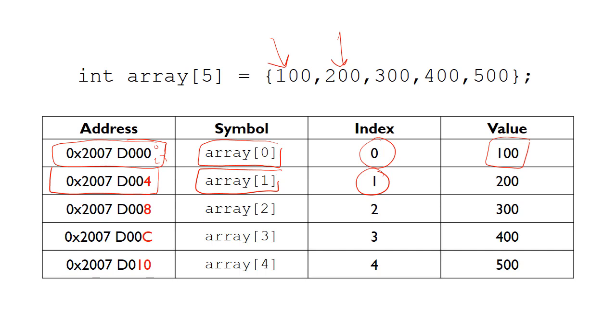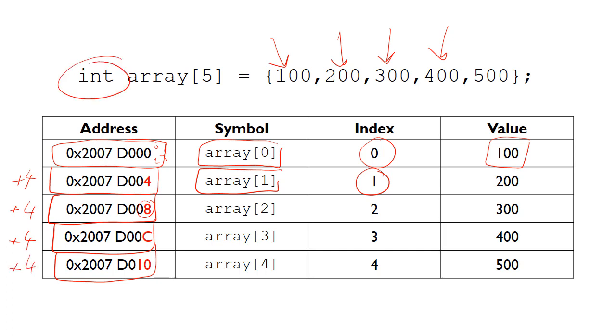So this next value will start at 4, and that'll take up 4 bytes. The next variable will be at this address, again incremented by 4, and so on. The next one, 400, will be stored in this address. In each of these addresses, it's plus 4 from the previous one, because each of these elements is an integer which takes up 4 bytes in memory.